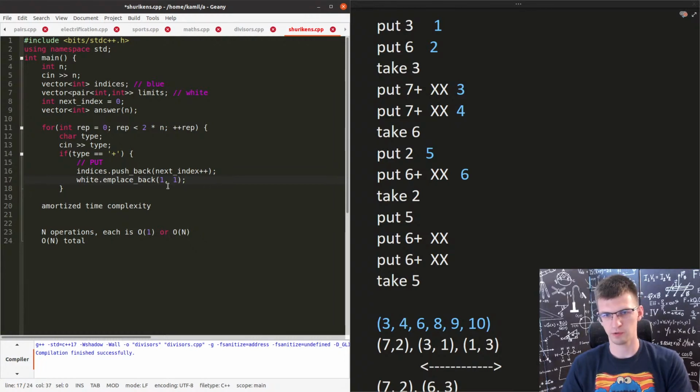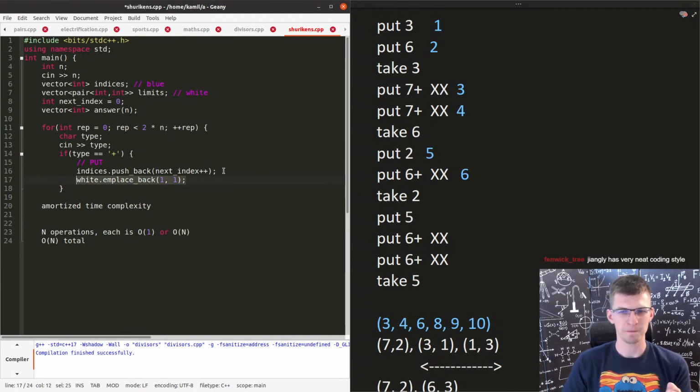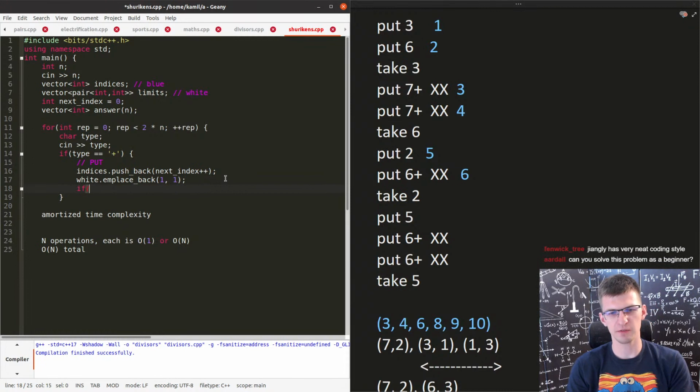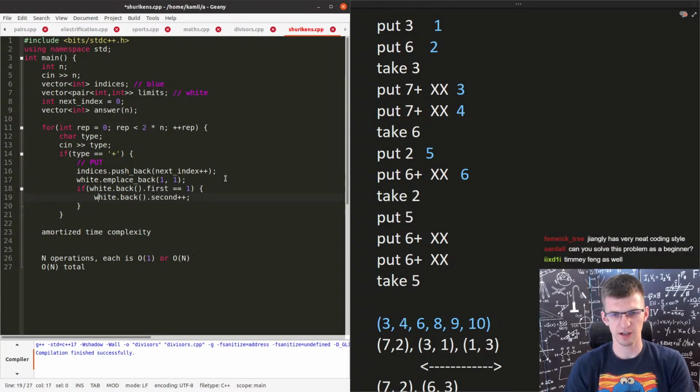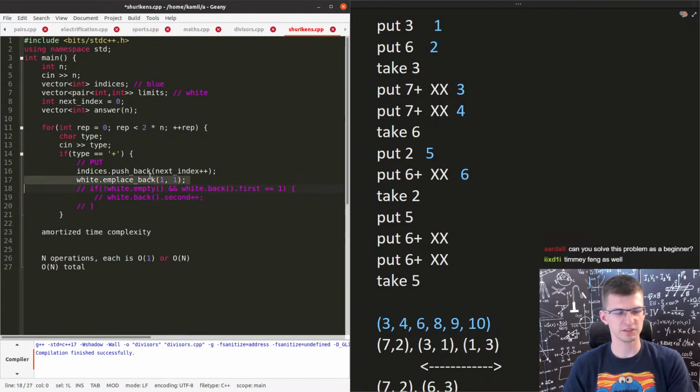With value 1, 1. I could here sometimes just increase the last group, but it will not modify the time complexity. So sometimes I can make here an if white back, assuming it's non-empty, dot first is equal 1, white back second plus plus. I can do that, but I claim that this version is anyway linear.